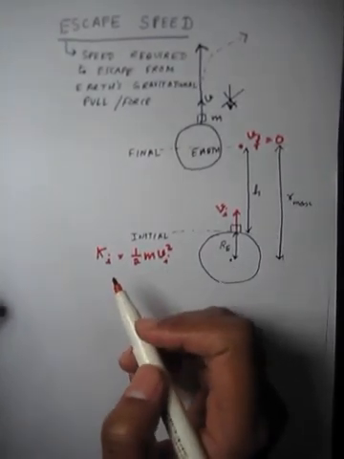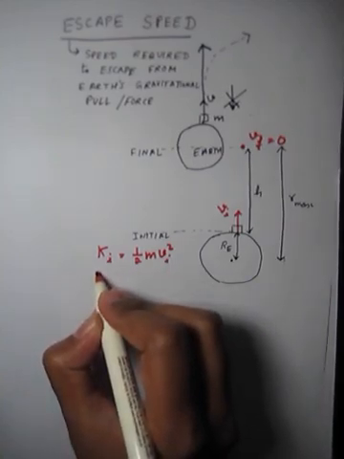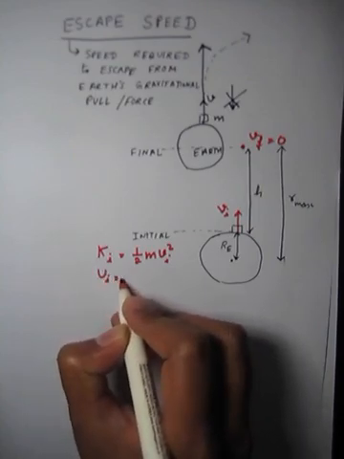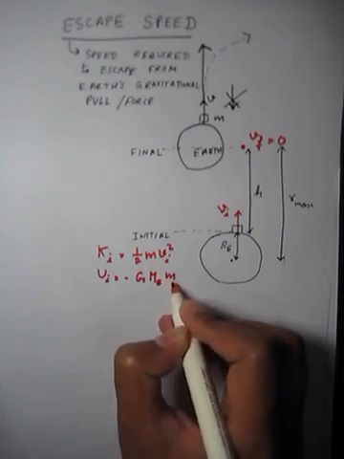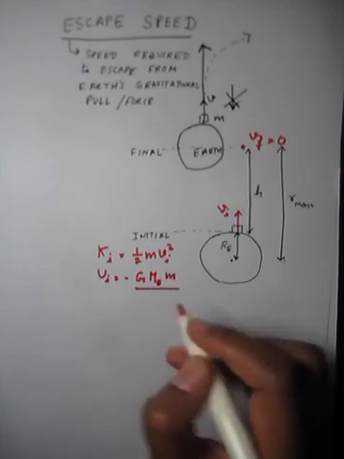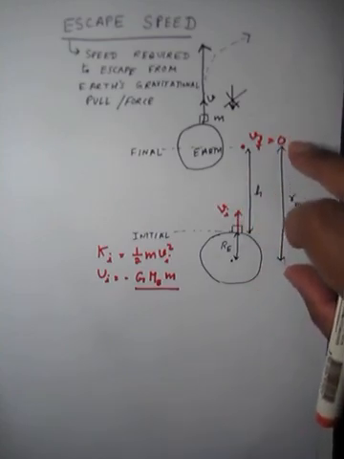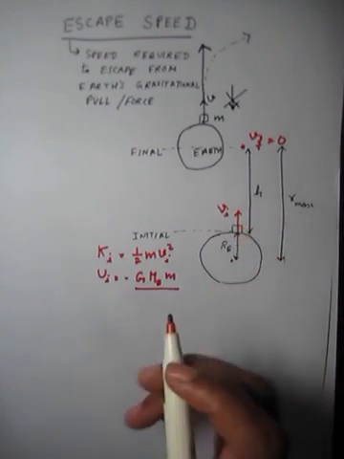So the initial kinetic energy will be 1 upon 2 m vi squared and the initial potential energy will be minus G mass of Earth, mass of the small object upon r. r is the distance between the mass and the center of the Earth.